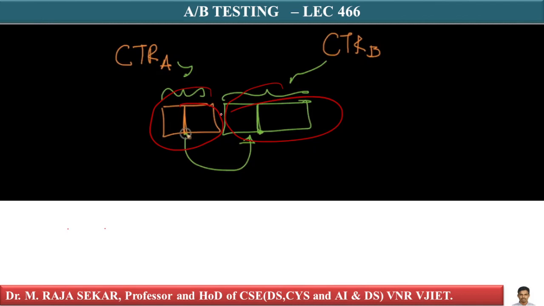To be really sure that your model B is better than model A, my old model, your confidence intervals should not overlap.